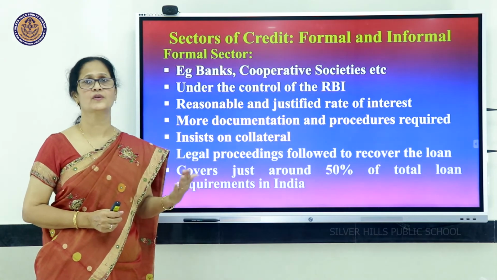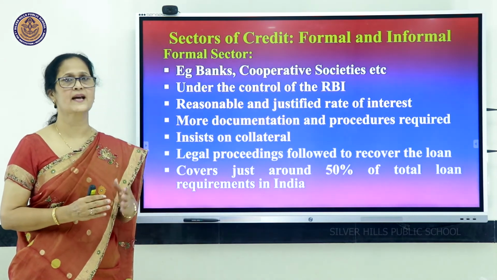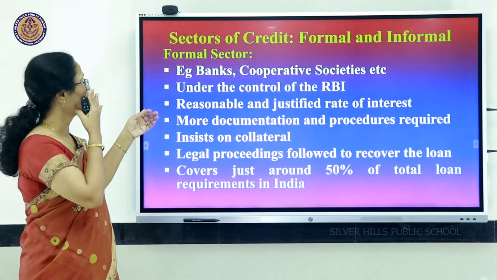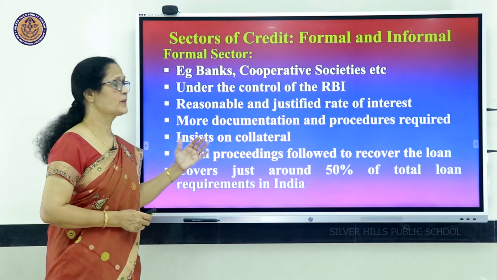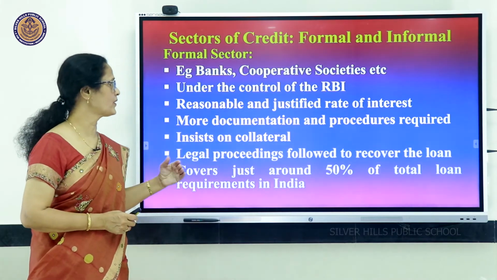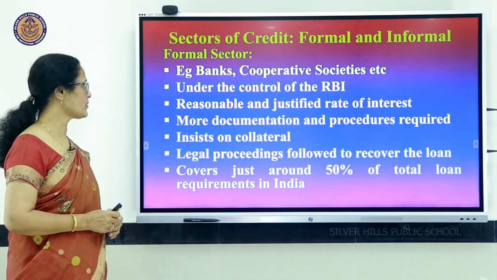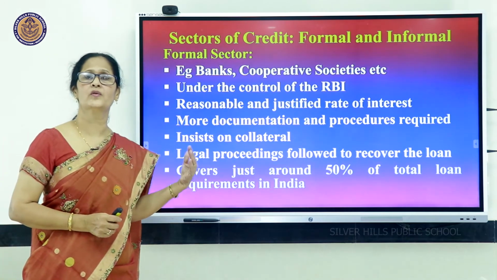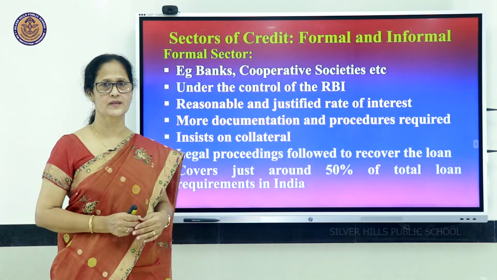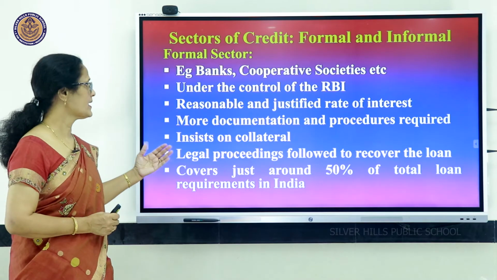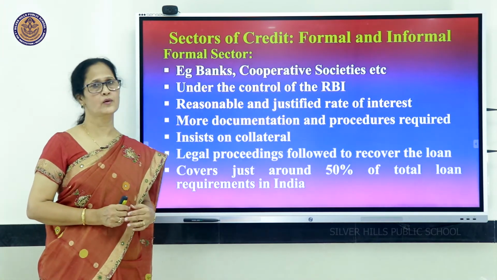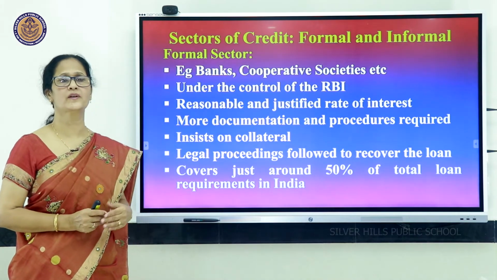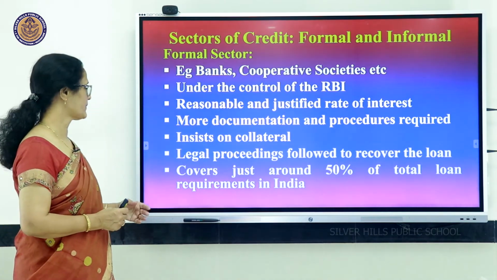We have to show some form of asset as collateral to get loans from banks and cooperatives. Legal proceedings have to be followed to recover the loan amount if the borrower fails to repay the amount.